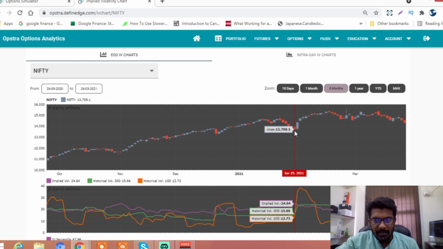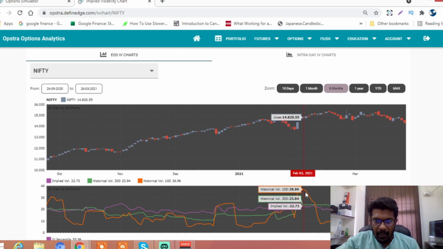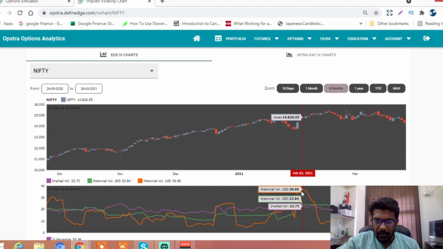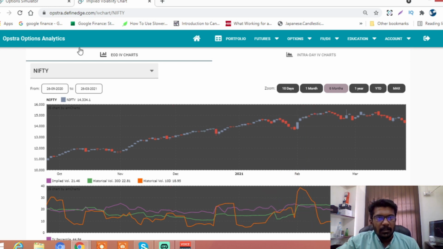We initiated this trade on January 29th, and you can see here volatility was very high on February 2nd, because on that day the finance ministry was delivering the financial budget in parliament. Implied volatility was around 23%, and immediately after the financial budget was delivered, volatility dropped to around 21%.